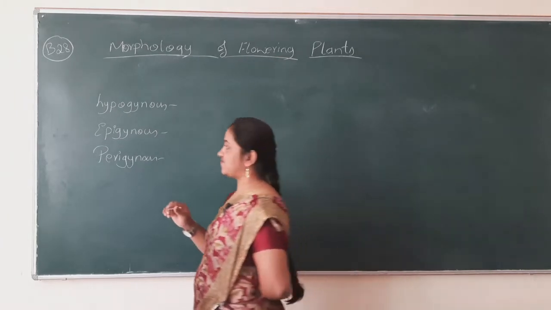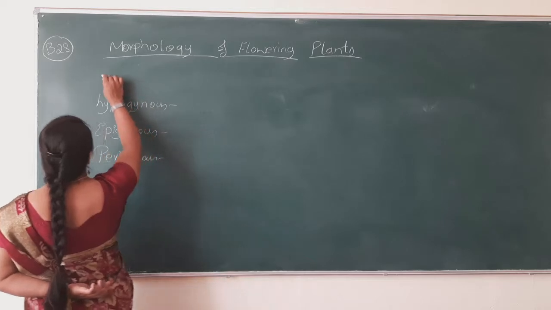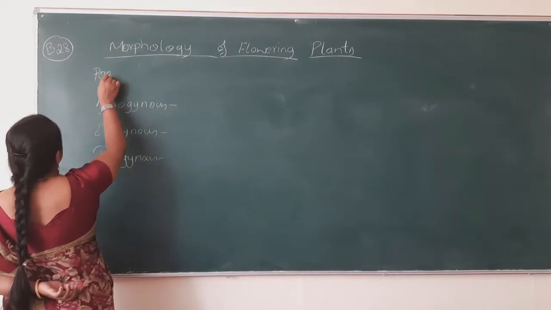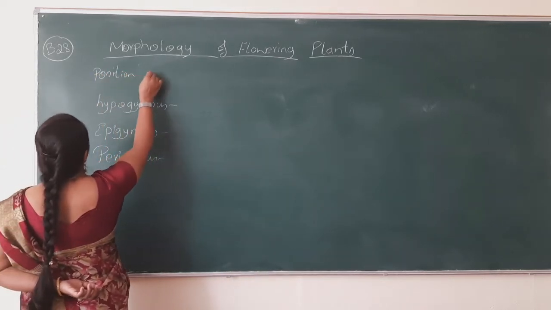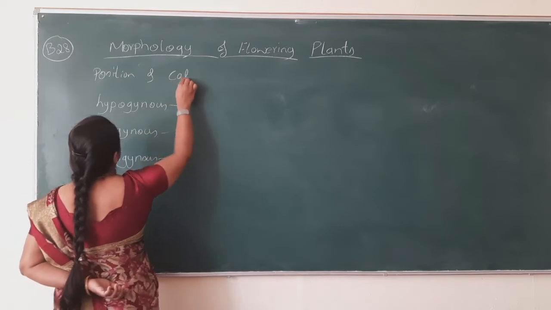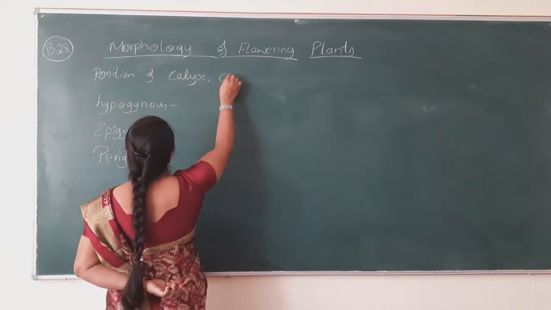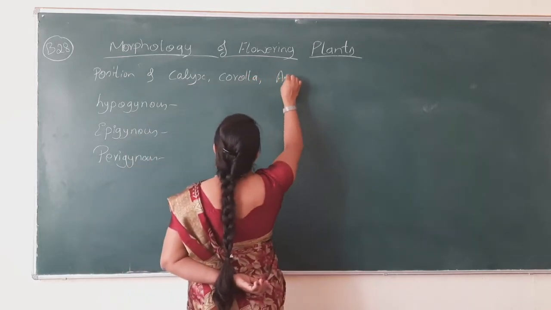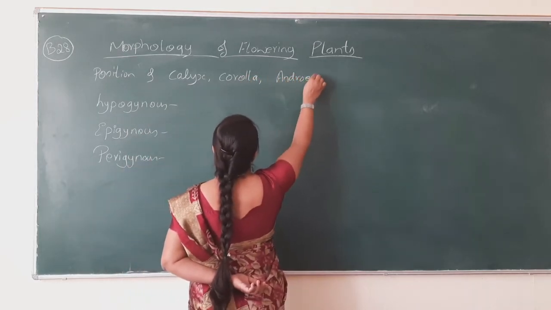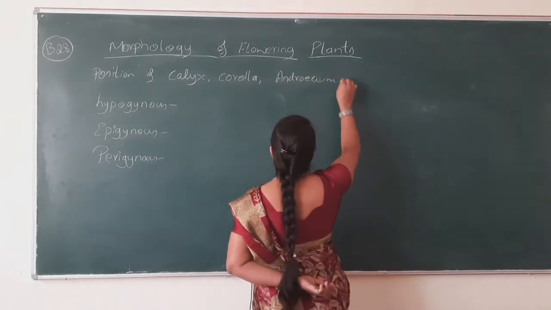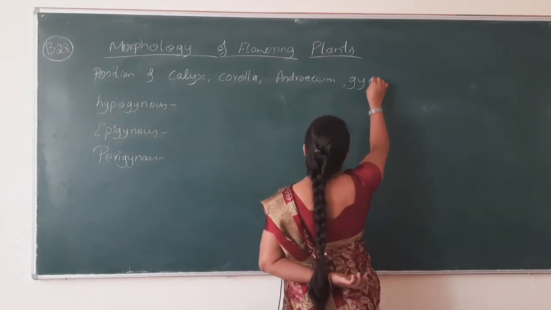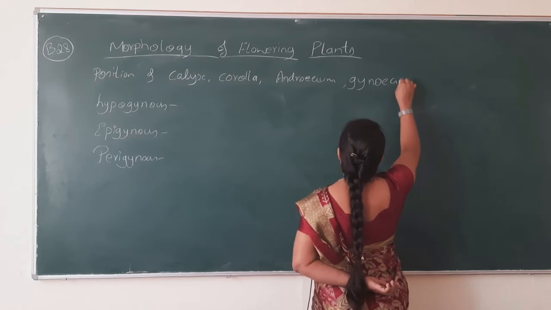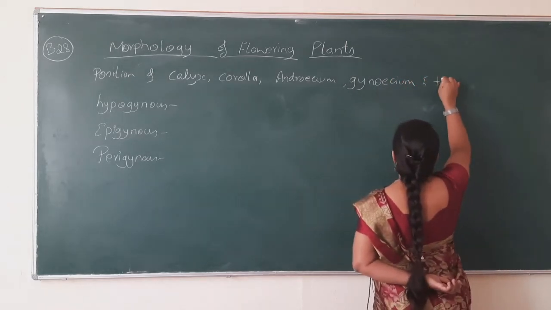On what basis is the flower classified into three? On the position of calyx, corolla, Androecium, gynoecium and thalamus too.